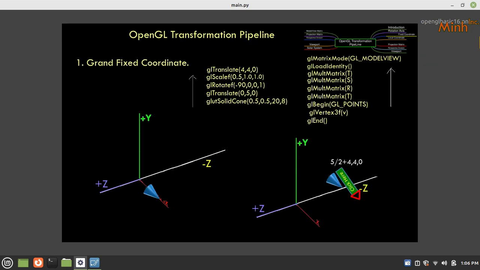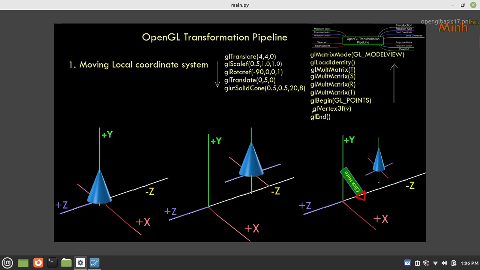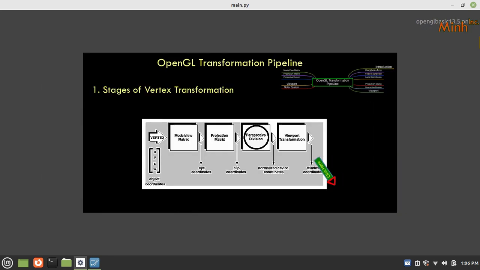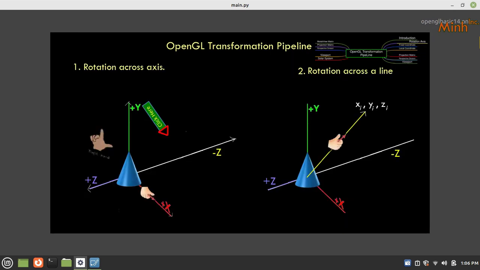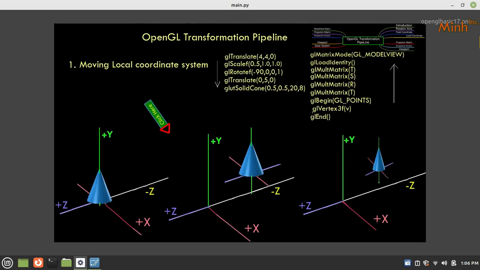Okay. New approach comes. We are still in the model view matrix. In the new approach, it's called moving local coordinates. Program is same. Whatever we are talking about is only a kind of hypothesis. There is no change in the program.